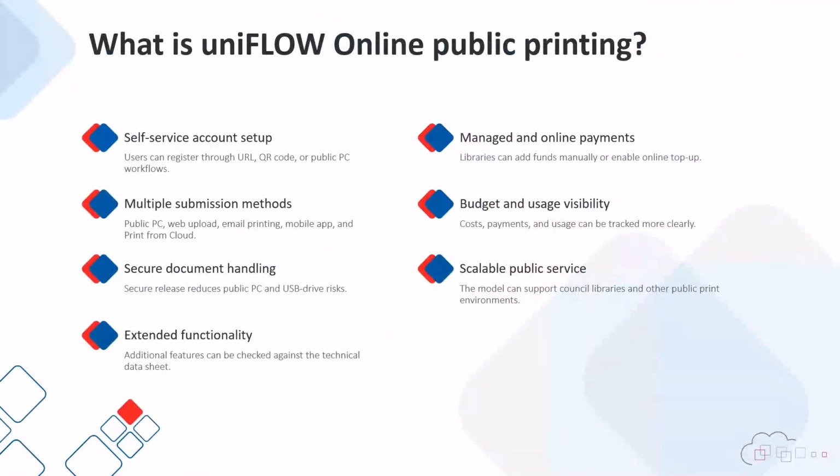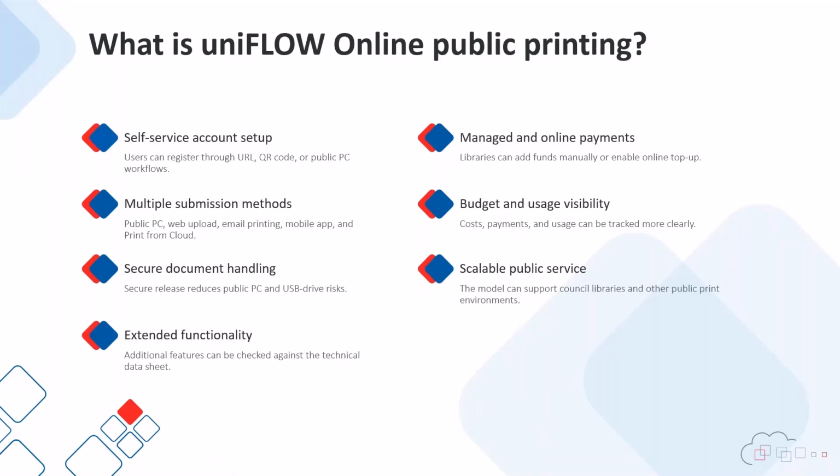So at a high level, this service gives libraries a way to support public users outside of the normal staff environment. It brings self-service account setup, which is very important to the library, multiple job submission methods, which is going to be convenient for the user, authenticated release, which obviously matters in terms of secure printing, and budget and payment control in one managed model.